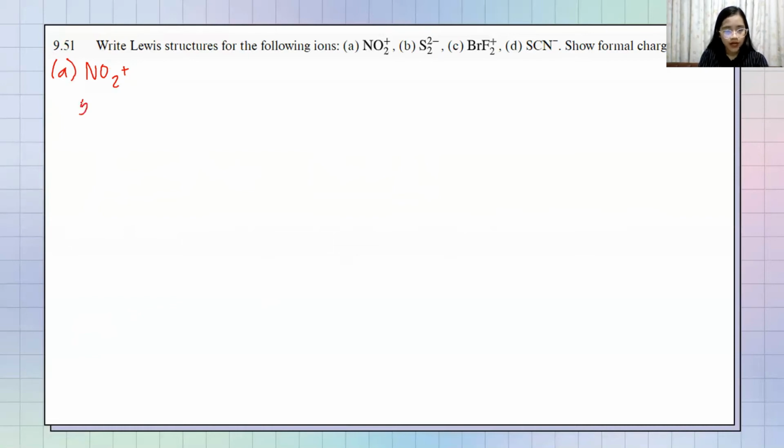Nitrogen has 5 valence electrons. Oxygen is 6, but since we have 2 oxygen, multiply this by 2. And we have a positive charge, meaning to say we lose an electron, so that is minus 1. Total of 16 valence electrons.